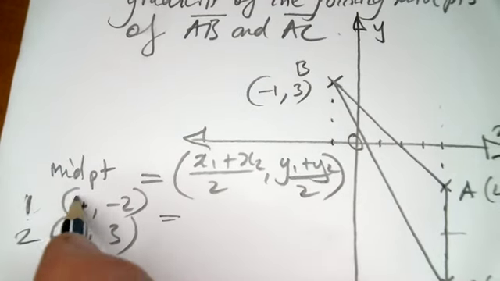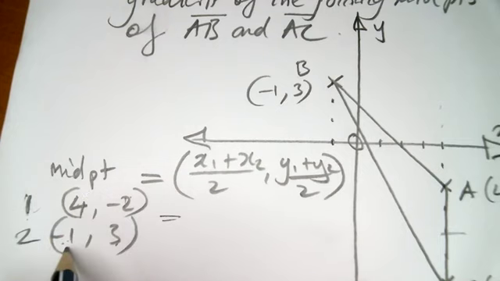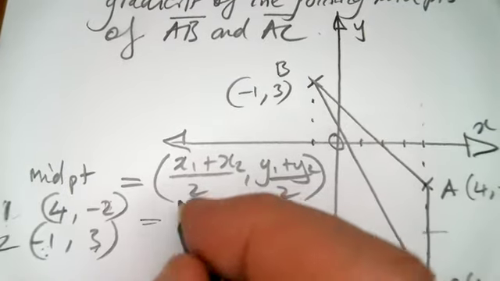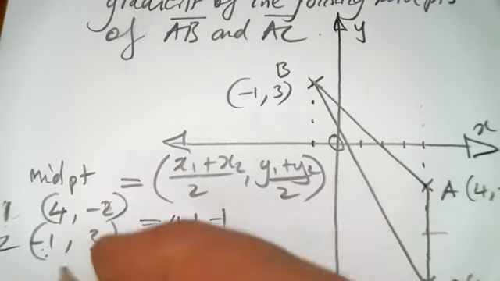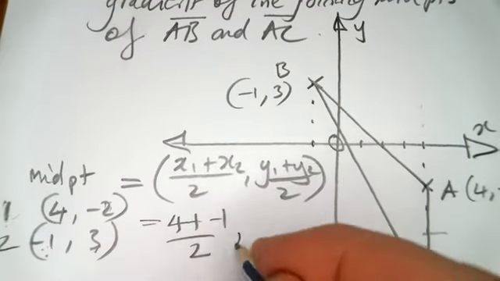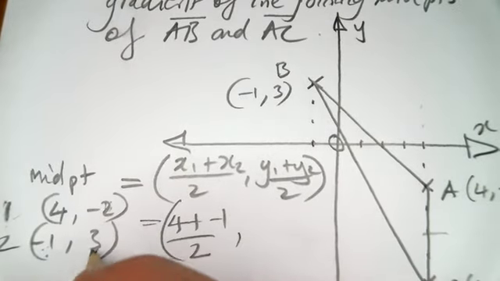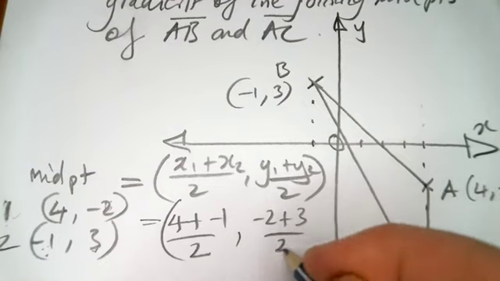So the x's are directly on top of each other, and the y's are too. So my x's give me 4 plus -1 over 2, comma, and my y1 and y2 give me -2 plus 3 over 2.